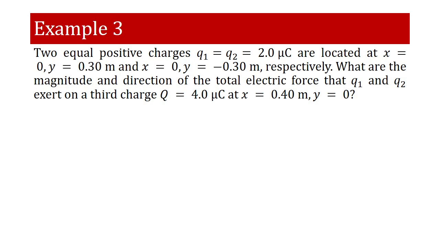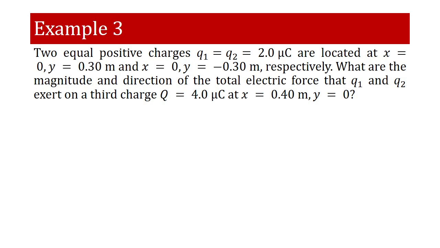Suppose we have two equal positive charges, Q1 equals Q2, equal to 2 microcoulombs, located at x = 0, y = 0.3 meters and x = 0, y = negative 0.3 meters respectively. So the coordinates of charge 1 is (0, 0.3), while the coordinates of charge 2 is (0, negative 0.3).